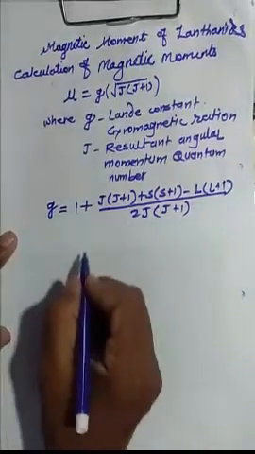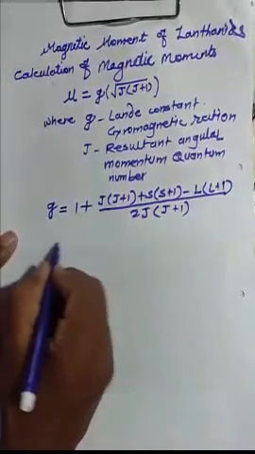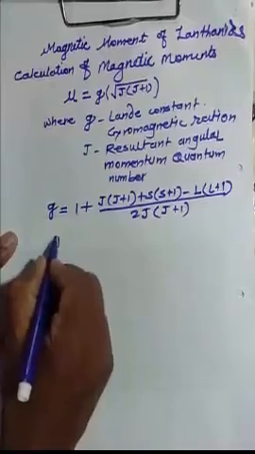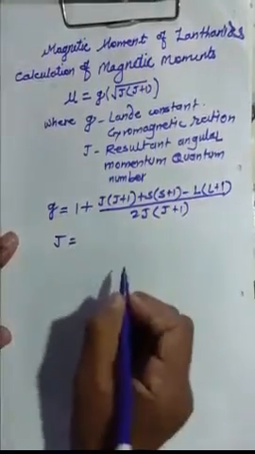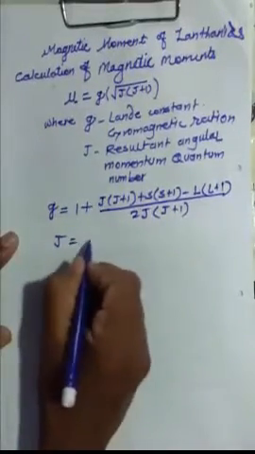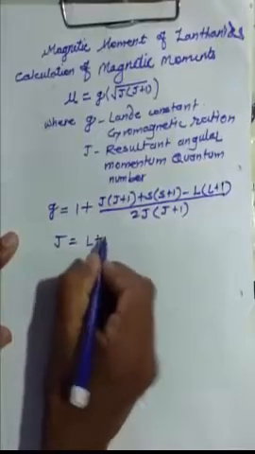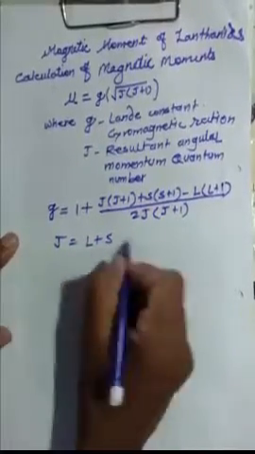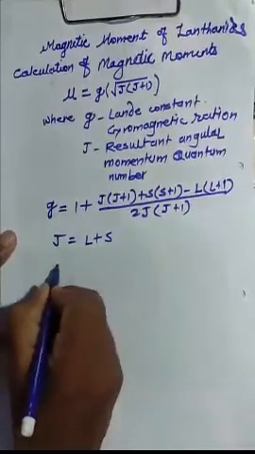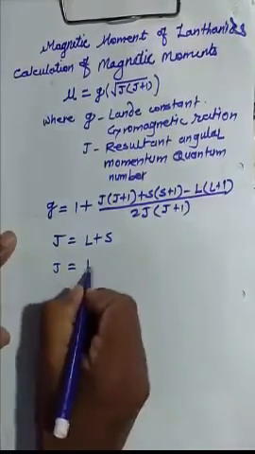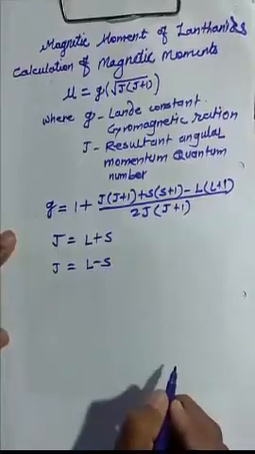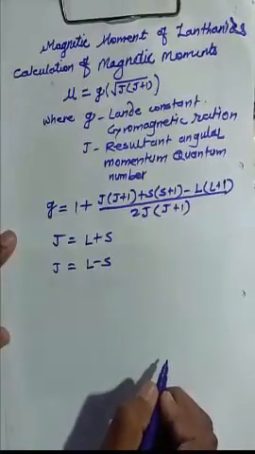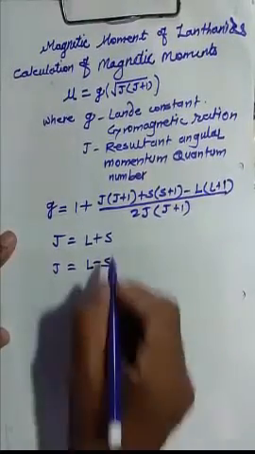Now the next one: what is meant by J. This J has two possible values, either J is equal to L plus S, or J is equal to L minus S. So dear students, we have to see when to use which.